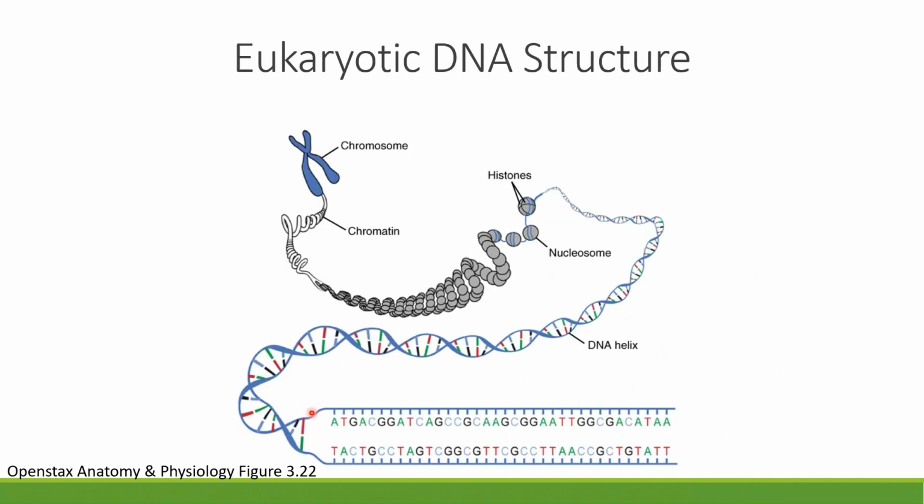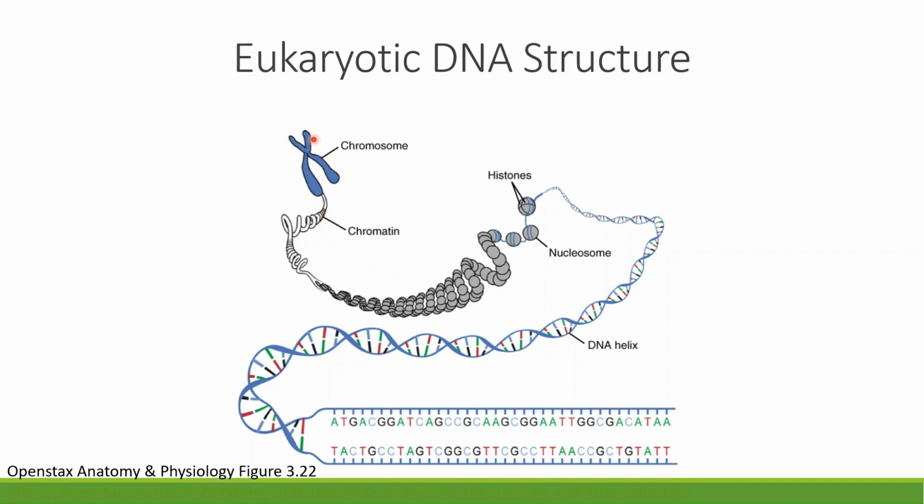And they also package those coils up around something called histones. Histones are little proteins that you can wrap that genetic information around so that it doesn't get tangled when you put it into a condensed form called chromosomes. And so you can condense it down into a very condensed form here.